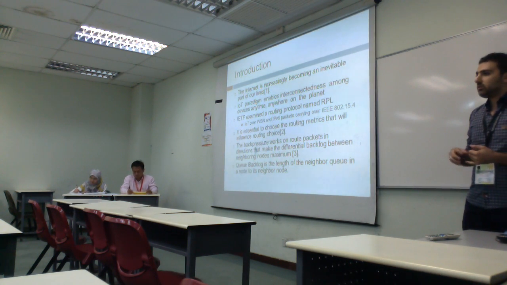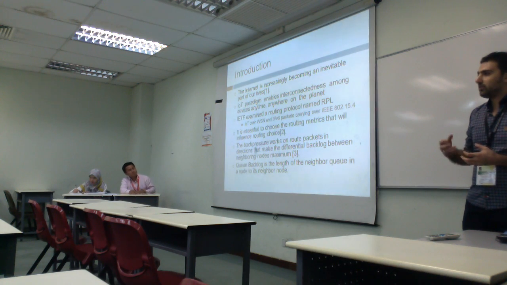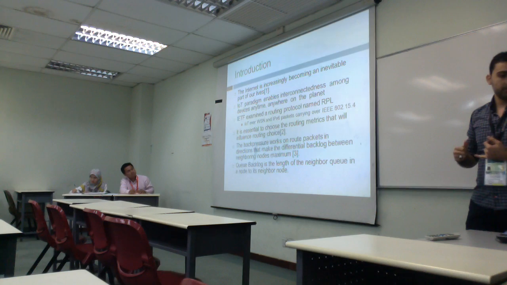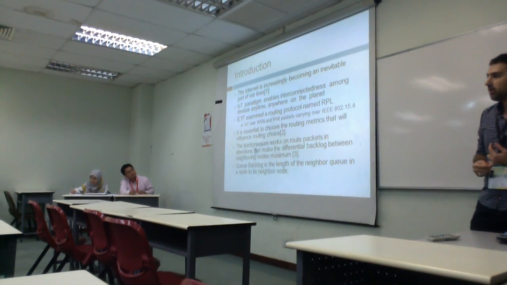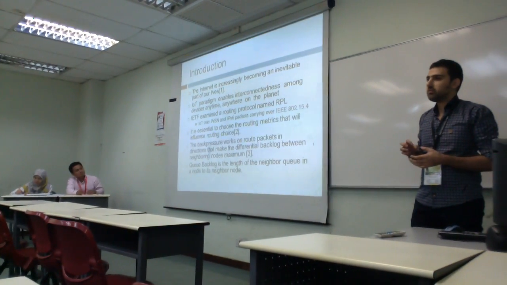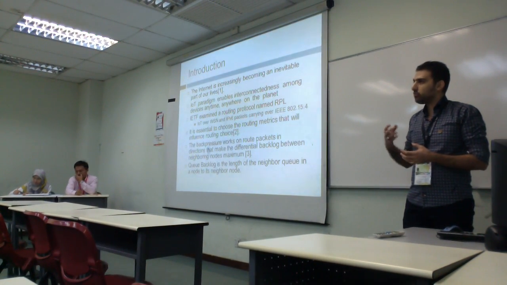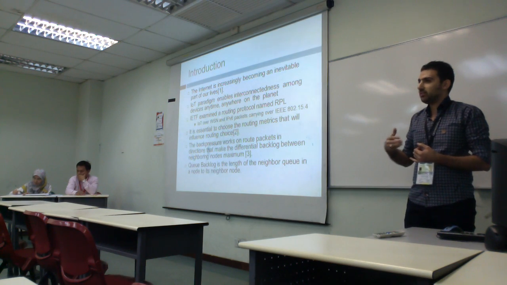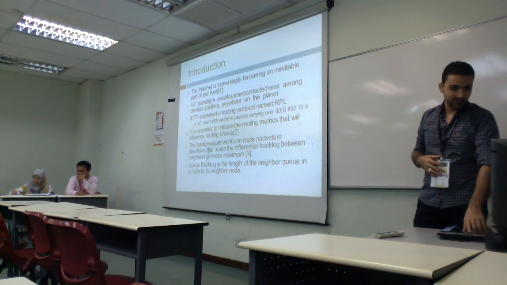As we know, each protocol has some parameters that affect its performance. For RPL, one of the most important parameters is the routing metric. So we have to choose the routing metric that will suit our applications or the needed requirements.